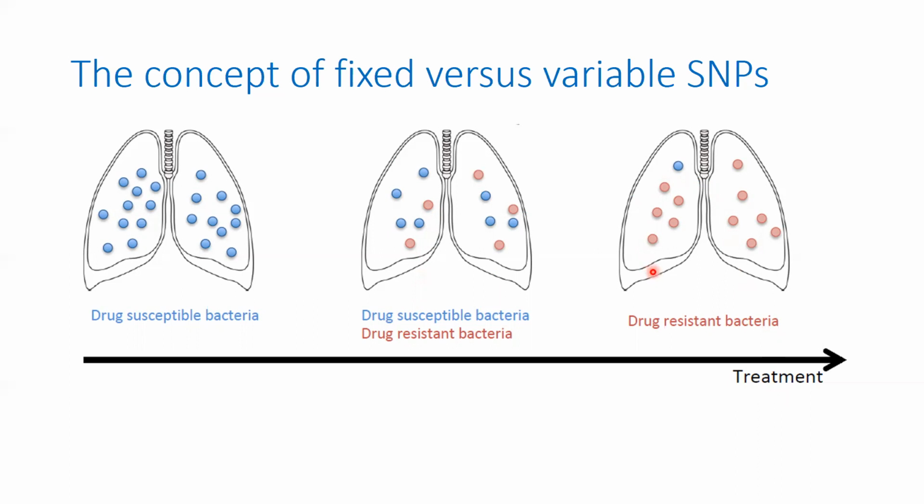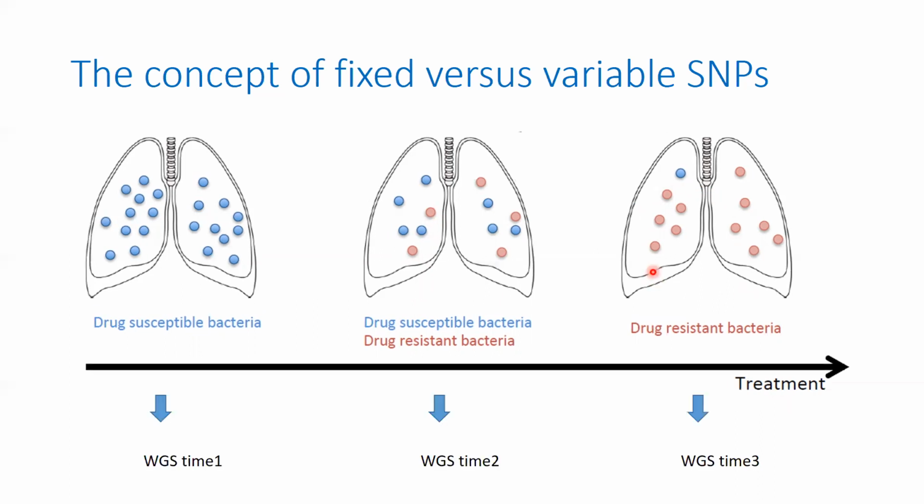Let us now imagine that we obtain sputum from this patient at different times during his treatment history, and we extract DNA and we sequence. What would we see? At time 1, we would see no drug resistance conferring mutations.